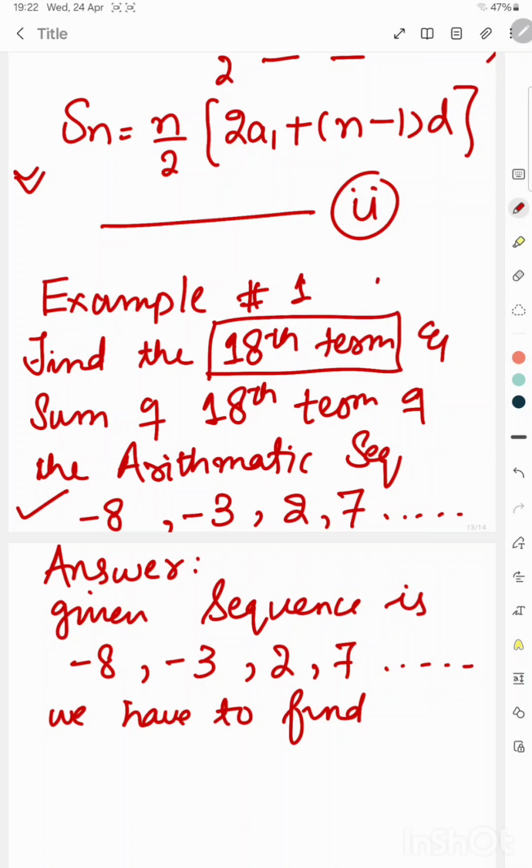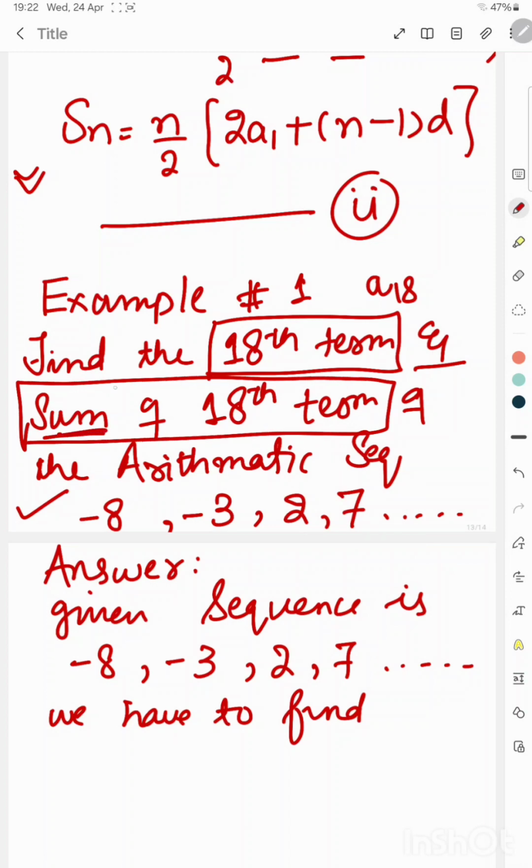So 18th term means a18. Okay, small a18. And second, we have to find the sum of 18 terms. So sum means that here we will have to find S18. Okay, so two things we have to find in this example.